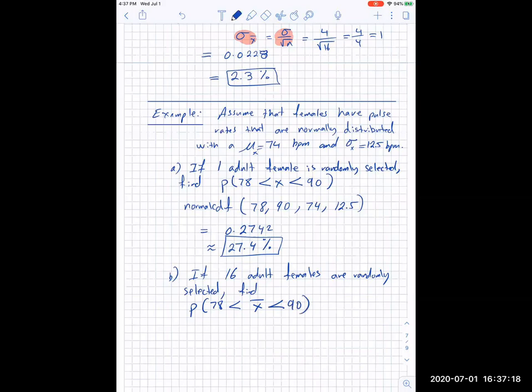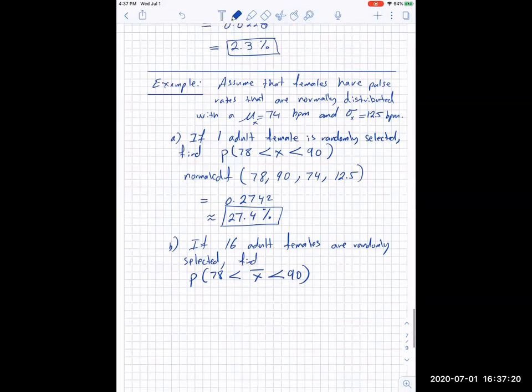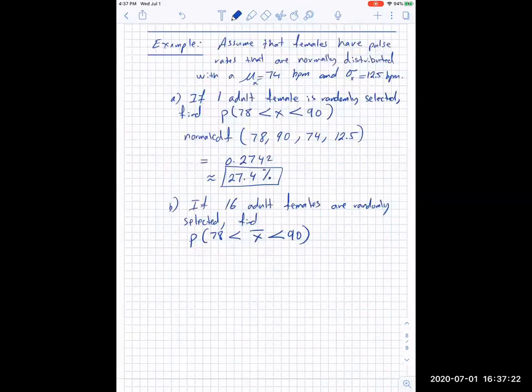Right? Find the probability that they have pulse rates with the mean, the X bar, between 78 and 90.